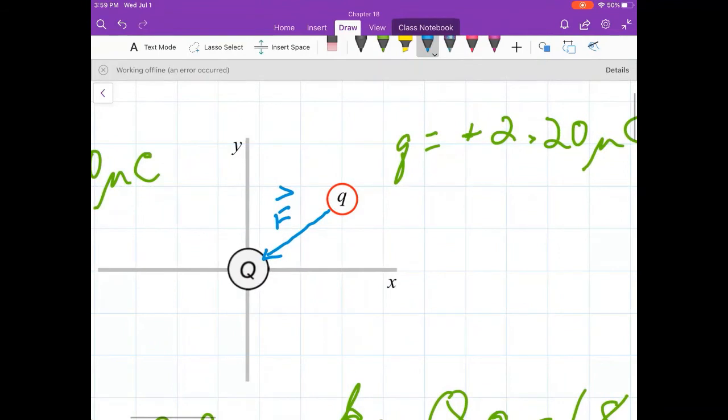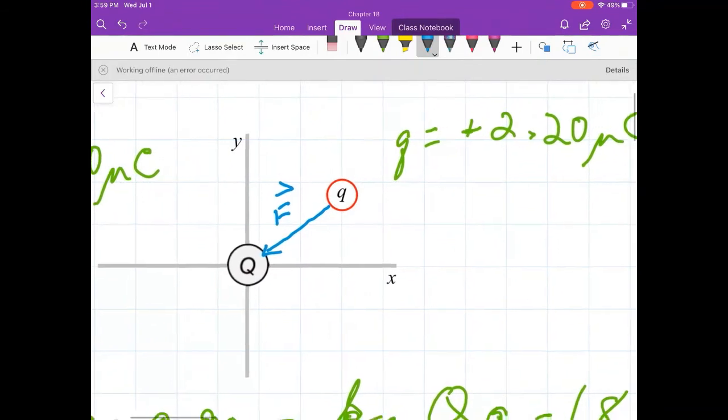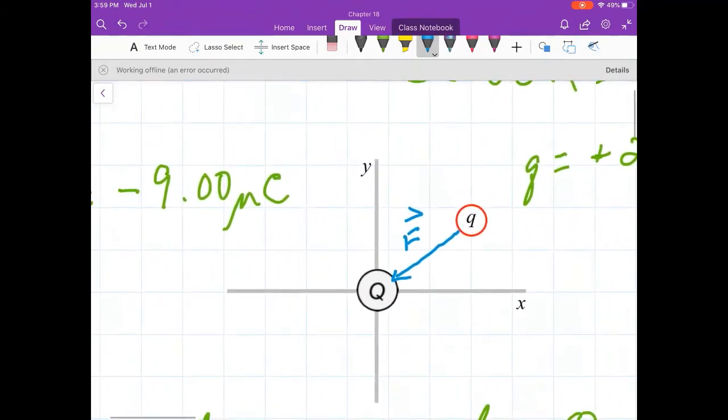Now we're going to break that into two components. Any vector can be decomposed into two perpendicular components. This one, we have a y component that looks like that. X component, let me draw a little straighter.